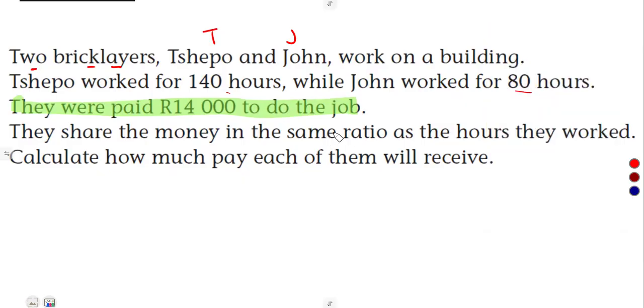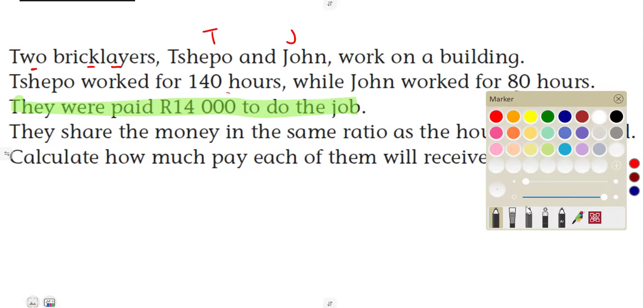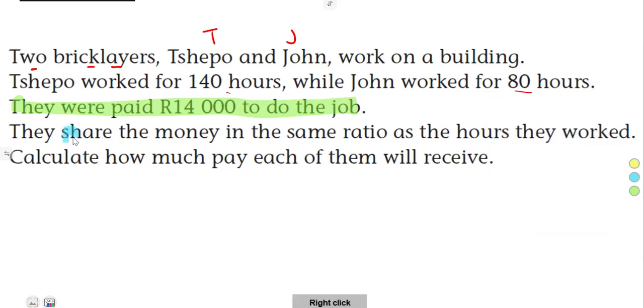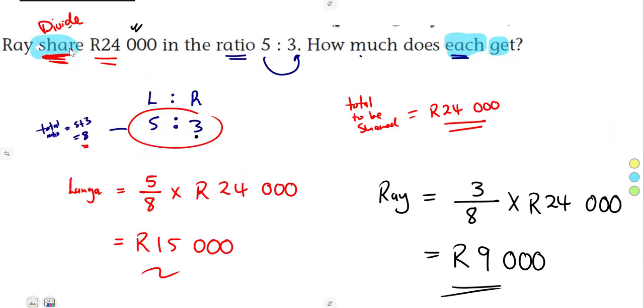All right? So far we do not know what is happening. So now the key part is that they share the money in the same ratio as the hours they worked. They share, they divide. We are back to that condition. In the ratio, there must be a ratio.